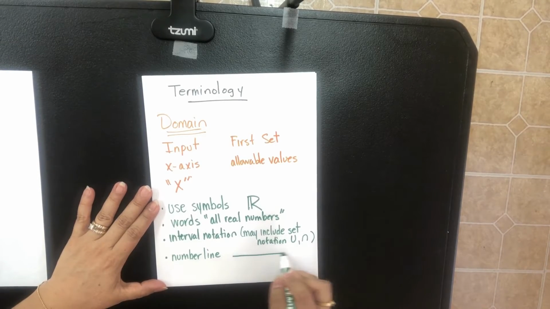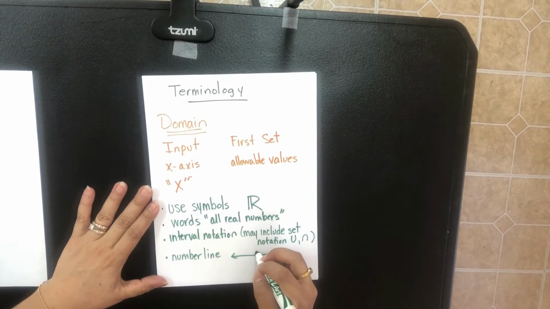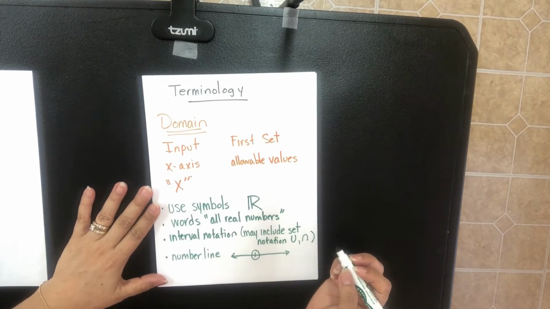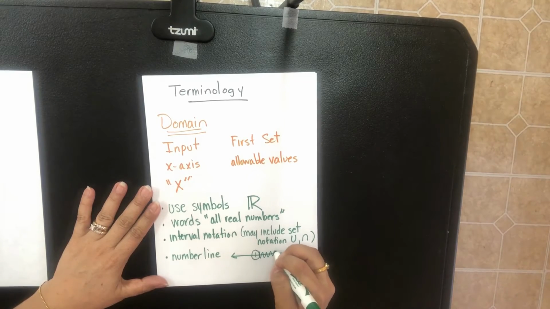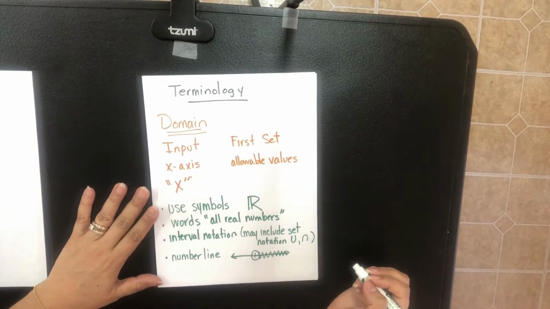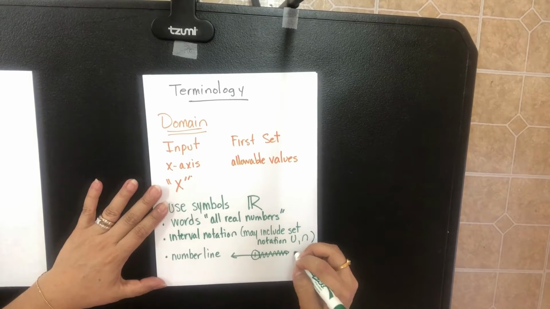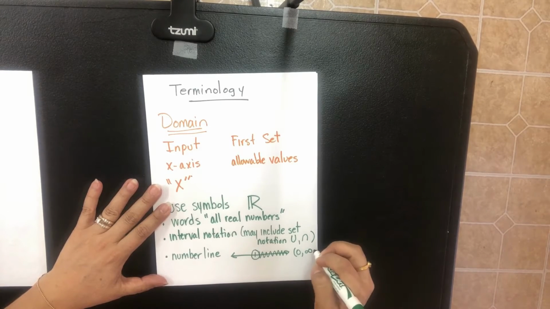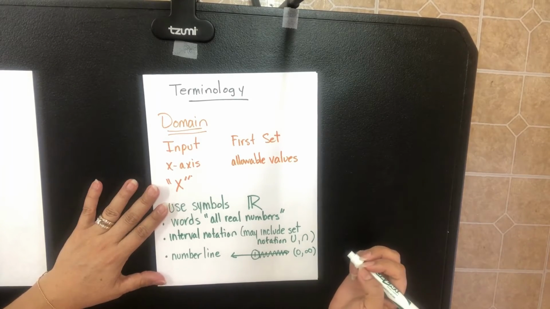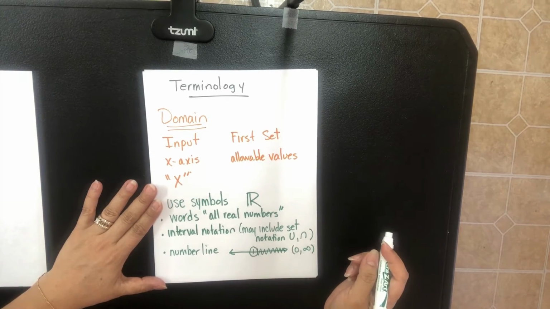So for example, we may have a number line and we might want to say all positive real numbers. So we would say this. And in interval notation, that would look like this: 0 to positive infinity, and you never put a bracket on the infinity, whether it's negative infinity or positive infinity.